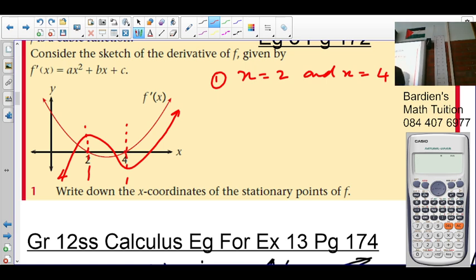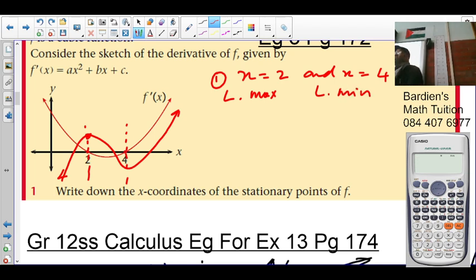If they ask you to classify, what does classify mean? To identify which one is the maximum and the minimum. Because this is the smiling parabola, the graph first goes up then down. So this is a local maximum and this is the local minimum.